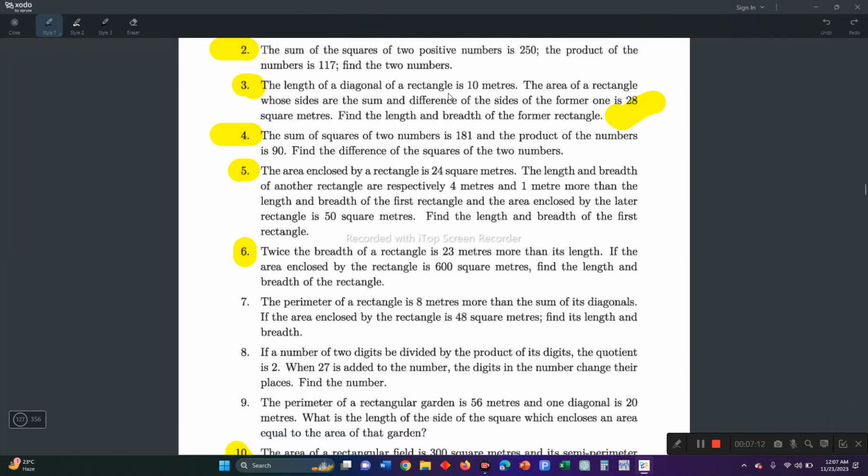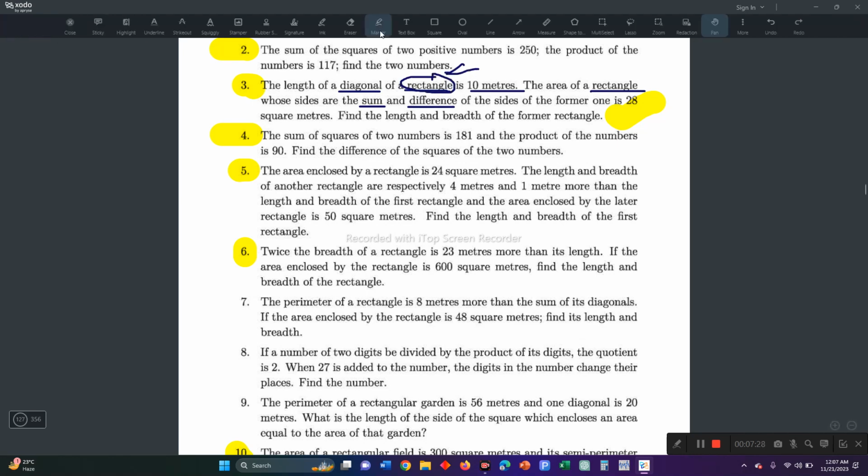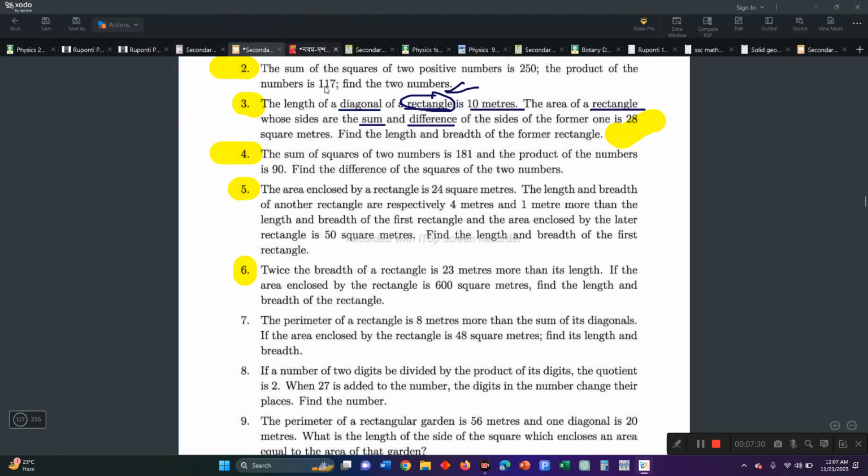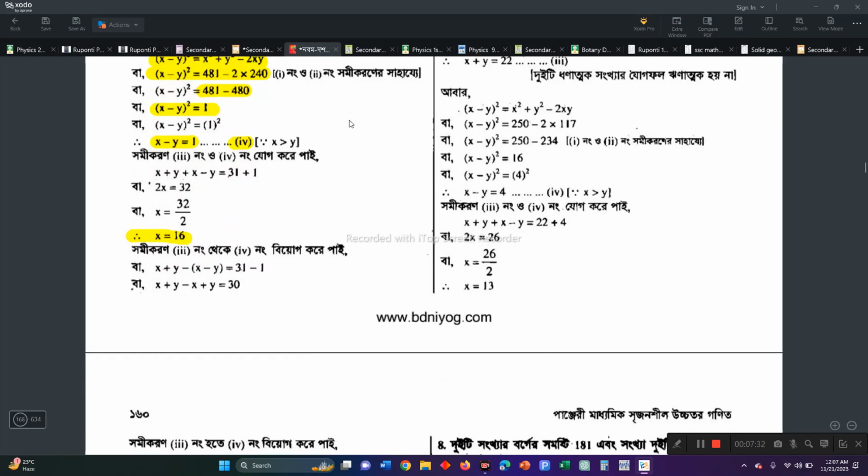One is the first, whose diagonal is equal to 10 meter, and another rectangle whose length and breadth are the sum and difference of the length and breadth of the previous rectangle. Okay, so what equation comes from this condition? Let's see.